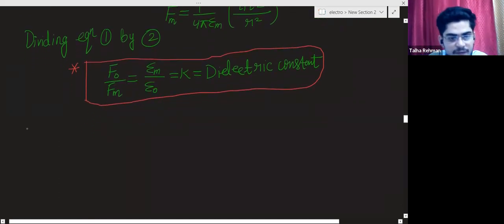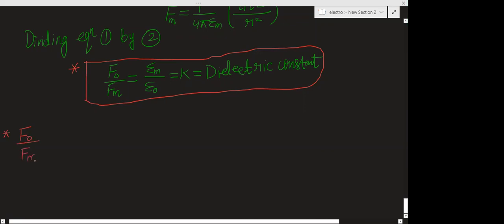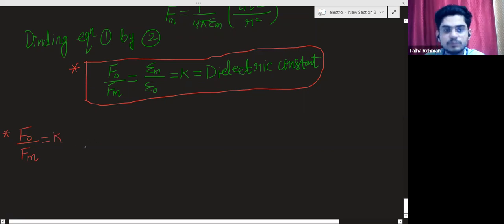F naught divided by Fm equals K, I can write. This K is always greater than 1.